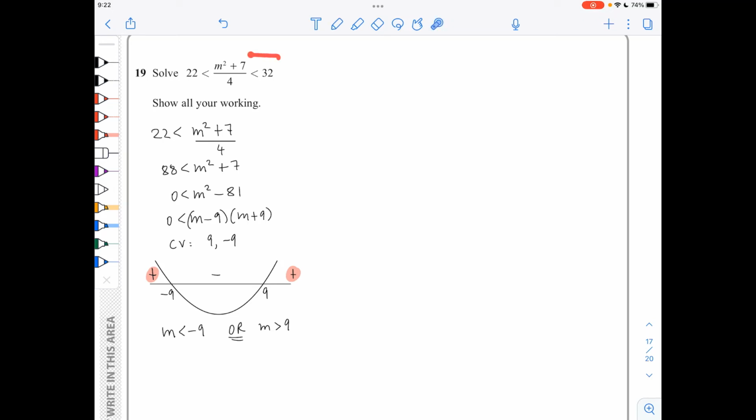Now, for this part, I have (m squared plus 7)/4 less than 32. So m squared plus 7 is less than 128, leading to m squared minus 121 less than 0. Again, the difference of two squares, so (m minus 11)(m plus 11).